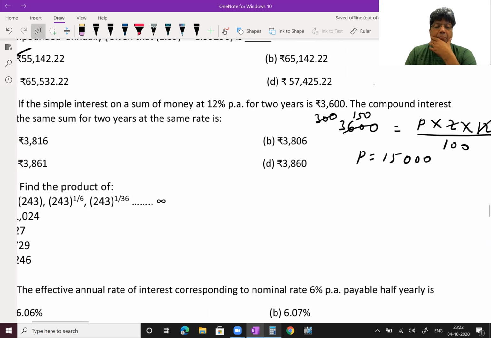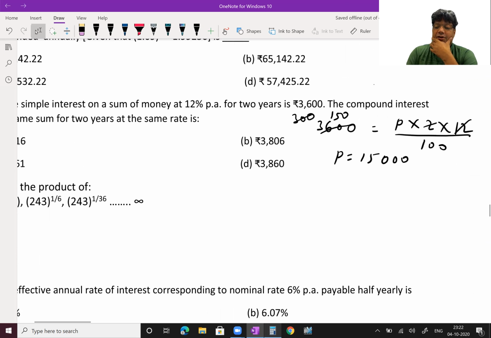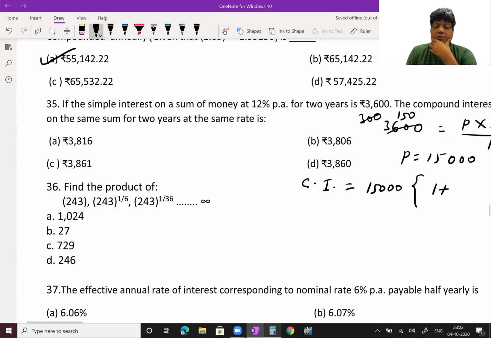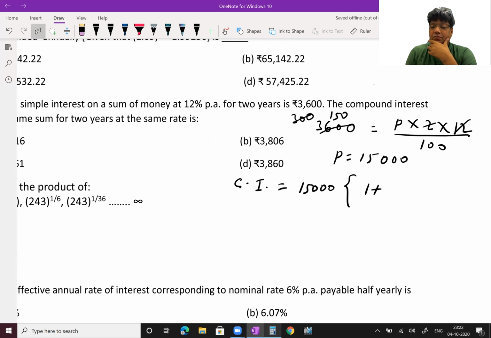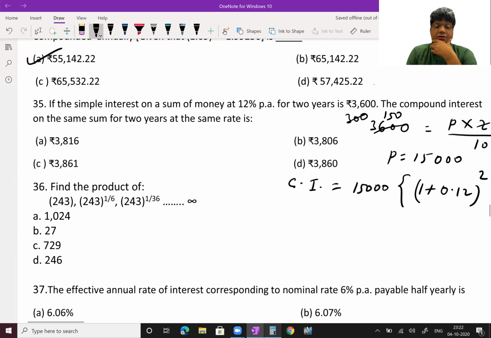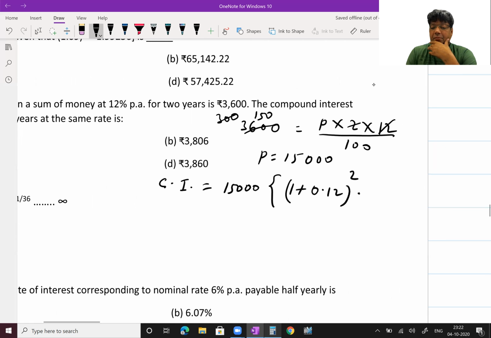Now the compound interest on the same sum for 2 years at the same rate. What is the compound interest formula? Compound interest formula is equal to P into (1 + i)^n minus 1. Now here rate of interest 12%, so 0.12, n is number of years, 2. This is the formula for the compound interest.